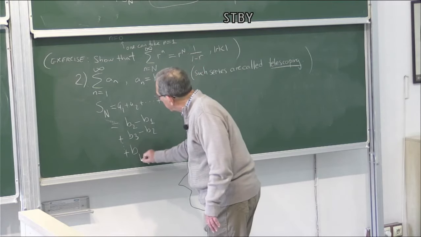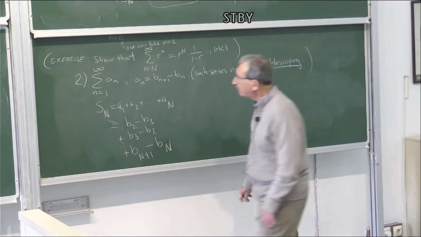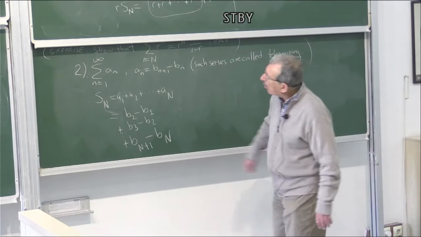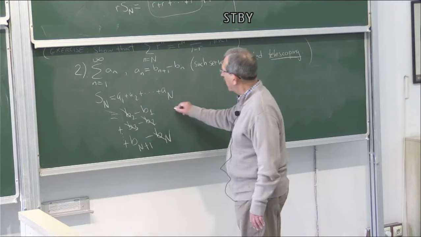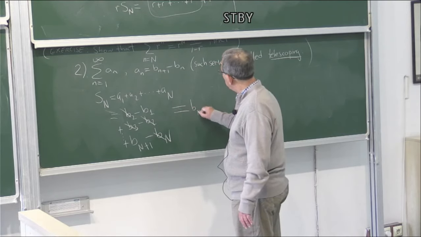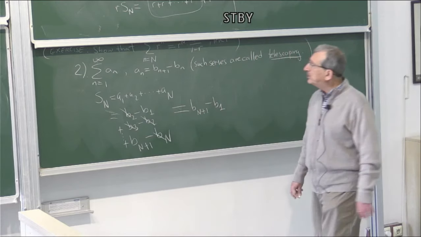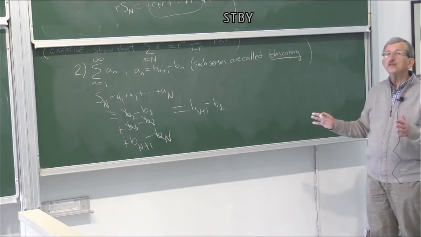It is bn plus 1 minus bn. Note that because of their form, all these terms cancel out. And you're left with, okay, bn plus 1 minus b1. Which means that, okay, we have now what Sn is.